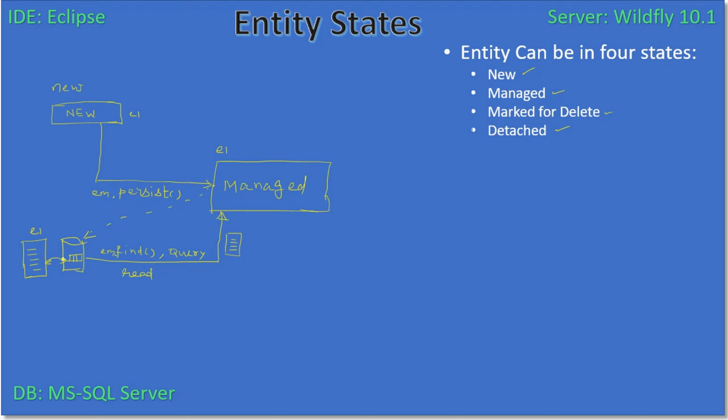But in a detached state, the record will be there, but there is no link between the record and the entity. Once you persist, the state immediately changes to managed. So when you use the find or query method, the state will initially be managed. So new, managed. Now we will go for mark for delete.